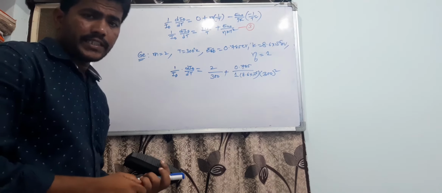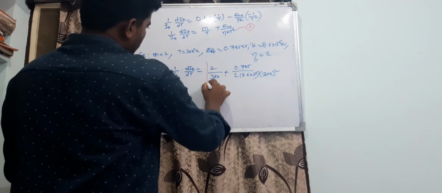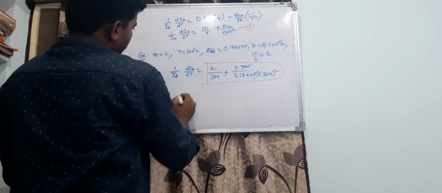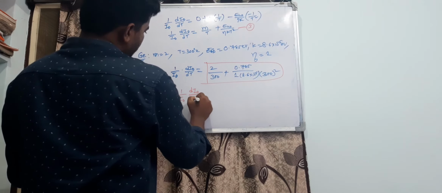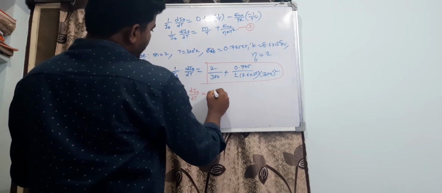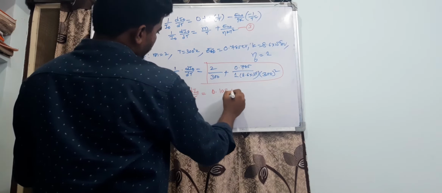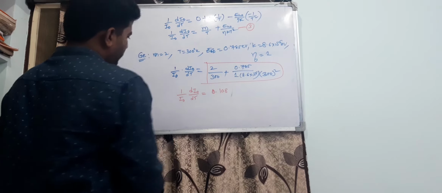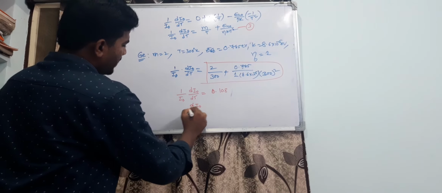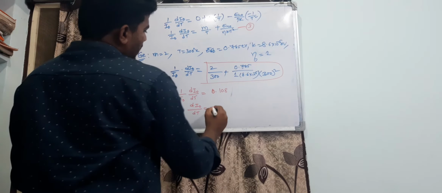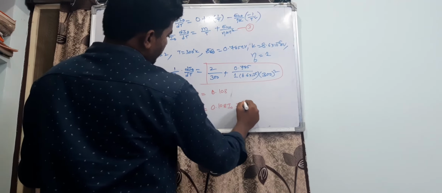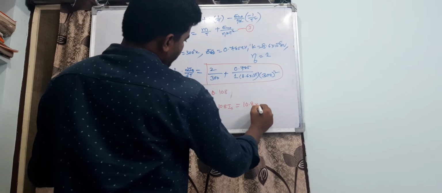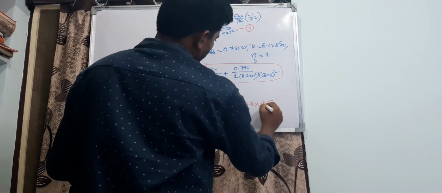If you want to calculate the above value, you can calculate it, and the value will become 1 by I0 into dI0 by dt is equal to 0.108. If you calculate, you will get this value only. So dI0 by dt is equal to 0.108 times I0, or 10.8% of I0.